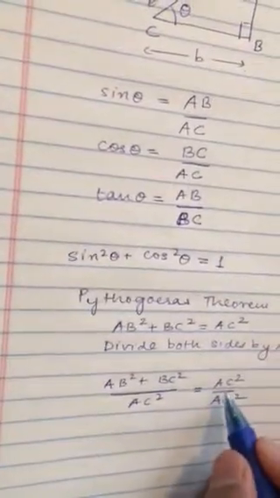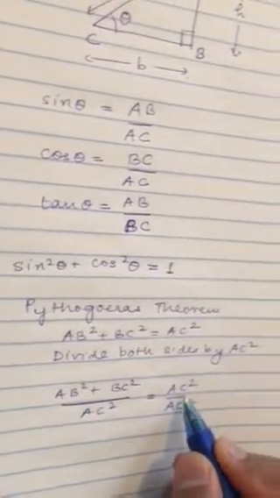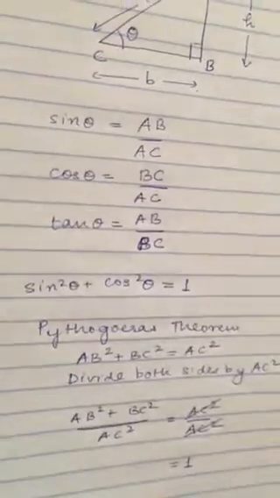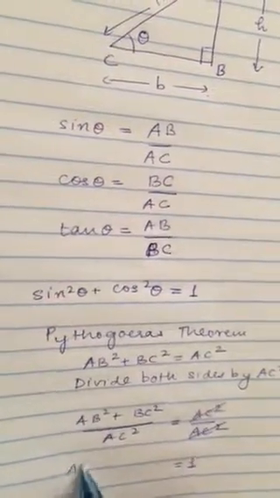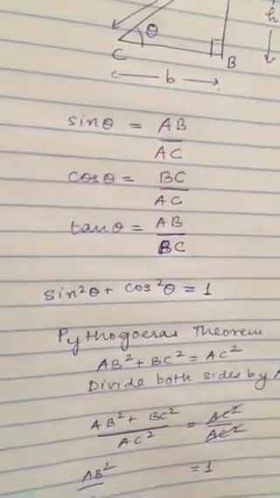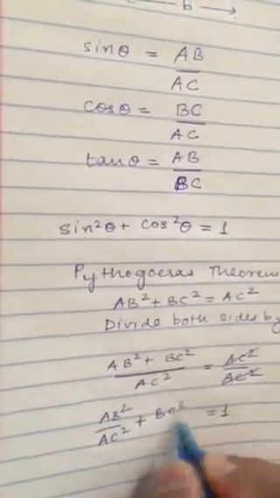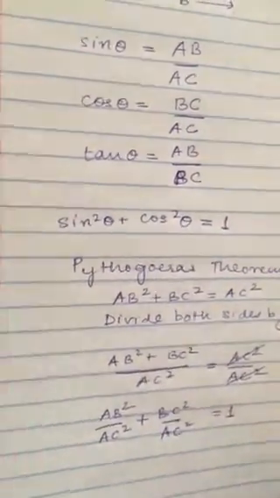On the right side we have AC square divided by AC square, so we just get 1, and we can separate out the left side as AB square by AC square plus BC square by AC square.